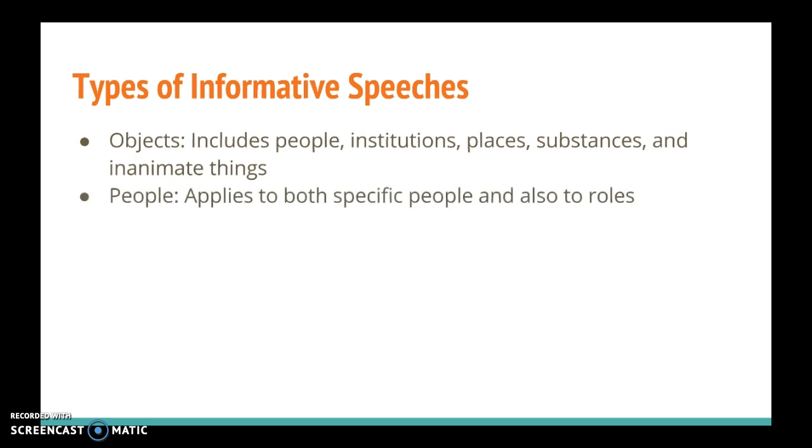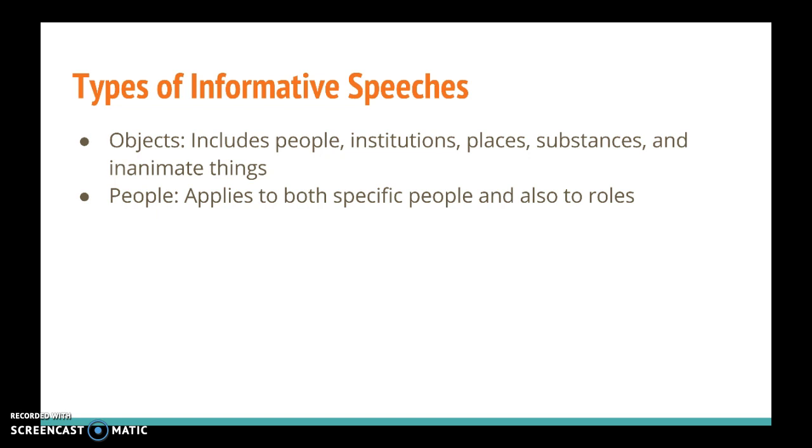Underneath this idea of object speech, right, we have people speeches. And I wanted to talk about this separately because you could talk about specific people in an informative speech, like J.K. Rowling or like Buzz Aldrin, the astronaut, for example. But you could also talk about roles that people can play.